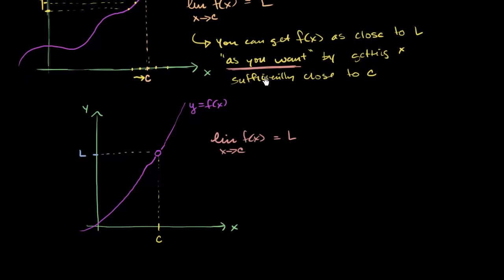But I agree with this definition, so I want to get f of x within 0.5 of L. So this right over here would be L plus 0.5, and this right over here is L minus 0.5. And then you say, fine, I'm going to give you a range around c such that if you take any x within that range, your f of x is always going to fall in this range that you care about.